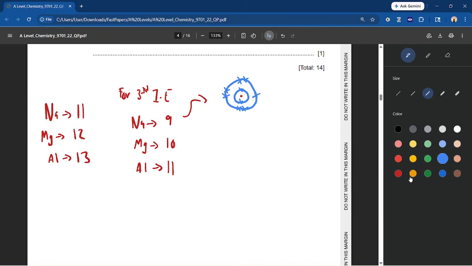For magnesium, it's going to be the same, except there'll be one more electron here. But for aluminum, you're getting a completely different state, where it's going to look like this. And then we're going to draw the shells. 1 there, and then there's going to be a third outer shell.